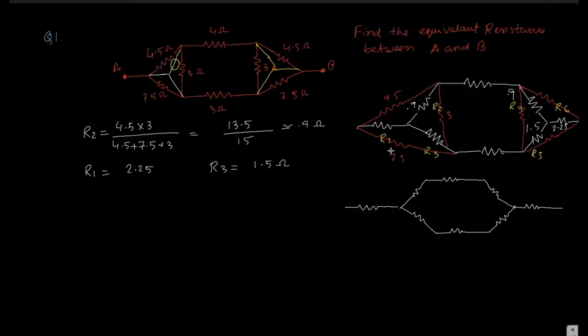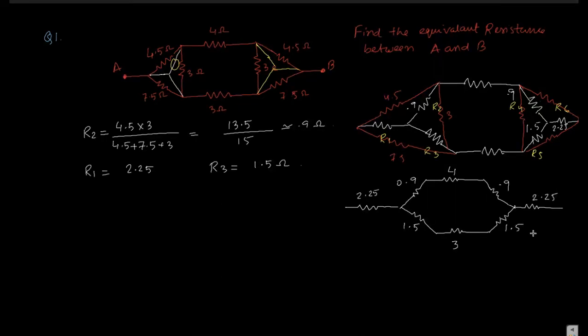How much? R1 is 2.25. This is 0.9. This is 1.5. This becomes 4. It is kept constant at 3. This becomes 0.9. This is 2.25, and this is obviously 1.5.